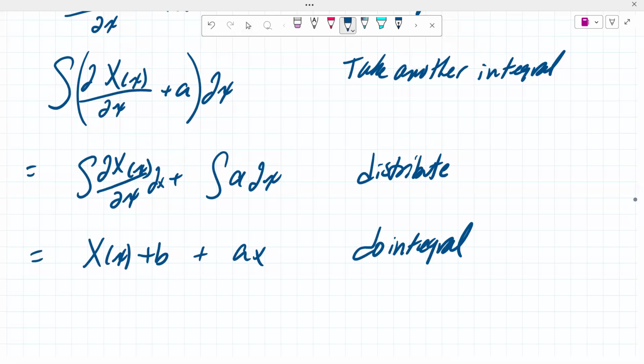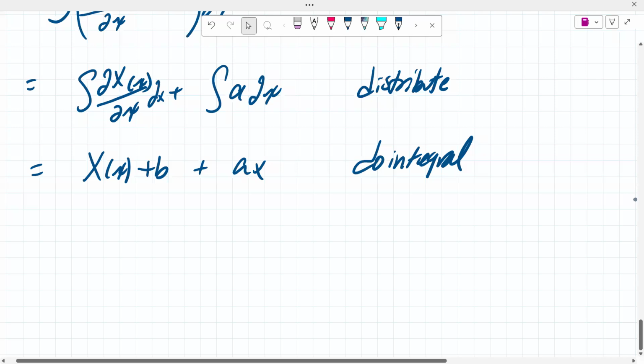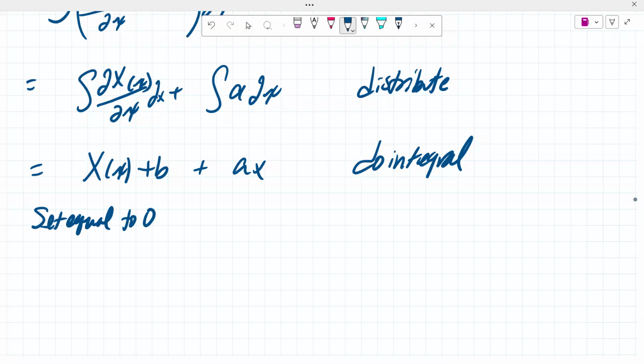All right. Then we set it equal to 0. X of x plus b plus ax equals 0. Great.